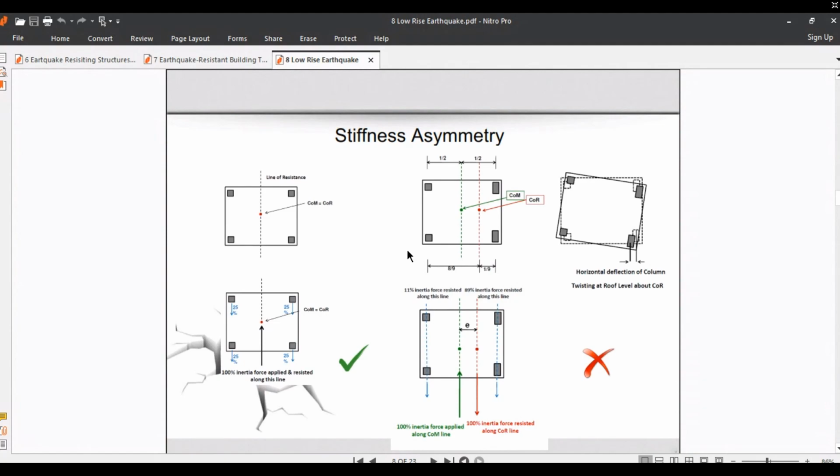In the first plan, the COM is the same as the COR, concentrated at the same point, and you can see the line of resistance in the COM, or center of mass and center of resistance.